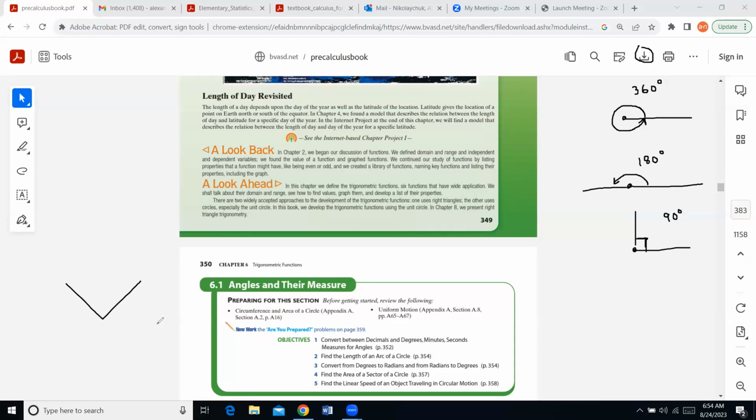It may be 89 or 91 or something else, maybe close to 90, but it doesn't mean that we have 90 if they don't put this little box. Make sure that you pay attention to that. Don't automatically say it's a 90 degree angle if there is no box in the corner.